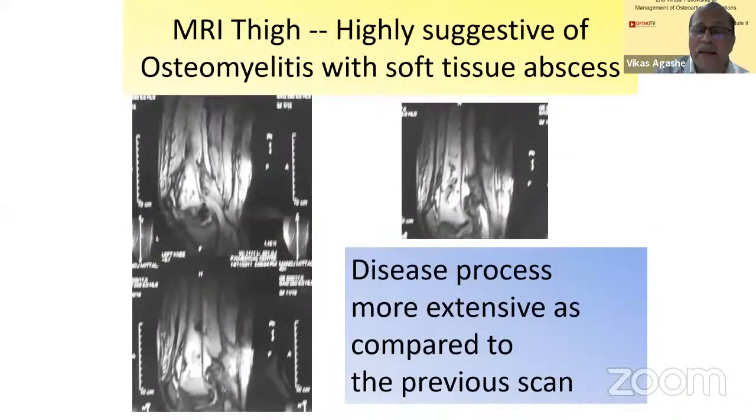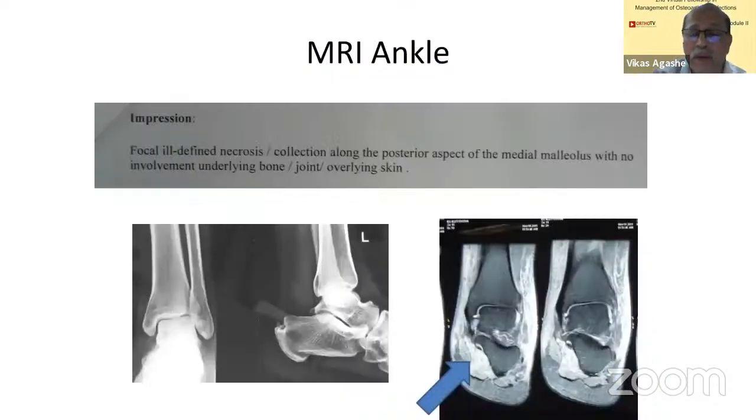By then, the osteomyelitic process had increased significantly because as per the protocol, we repeated the MRI, and did an MRI of the ankle. So there was an ill-defined necrosis on the posterior aspect of the medial malleolus with no involvement of bone.